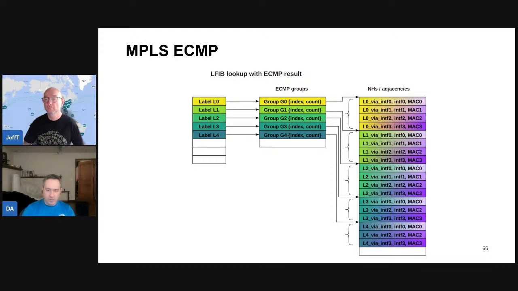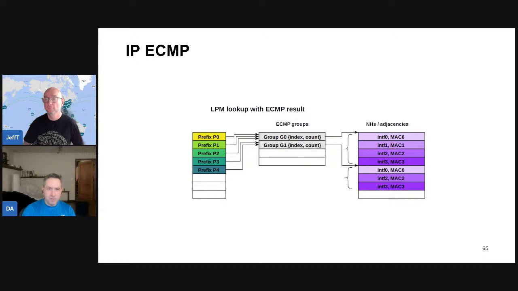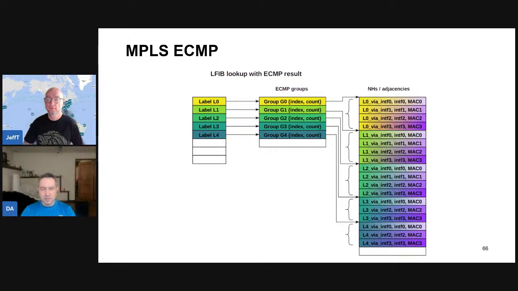If you are talking about IP ECMP, several prefixes can share the same ECMP next hop group. But if you are using labels, at least in a vanilla MPLS implementation, then groups cannot be shared because we rewrite labels. So we do a label lookup, it points to an ECMP group, and the group once again has an index, count, whatever.